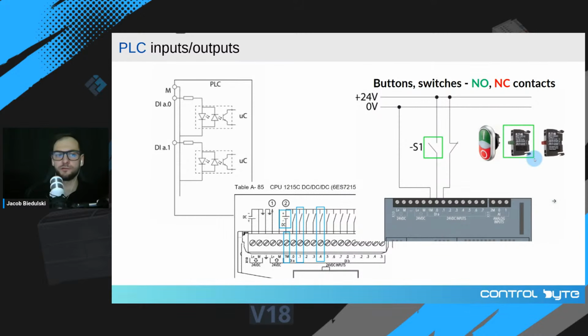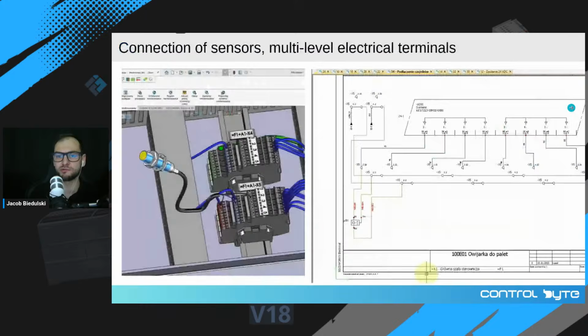Of course, if you want to be a good automation specialist, PLC knowledge is obligatory. So you have to know how to connect different devices to PLCs, like buttons, switches. You have to know what is normally open, normally closed contacts, what is the difference.